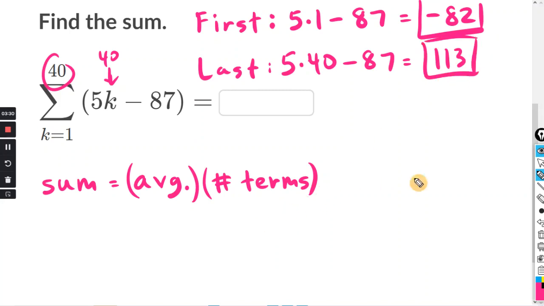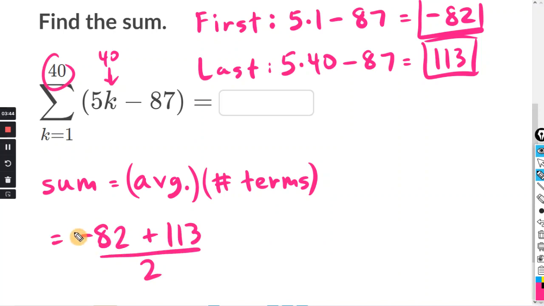So we just find the average of these two numbers, the first and last term. So it's going to be negative 82 plus 113 divided by 2. And that's multiplied by the number of terms.